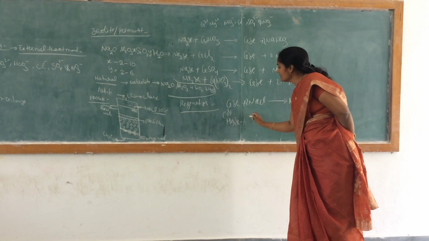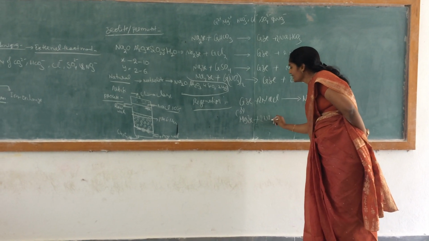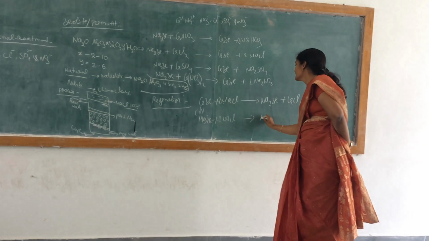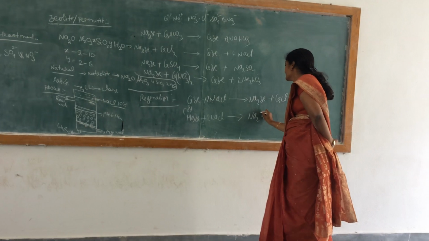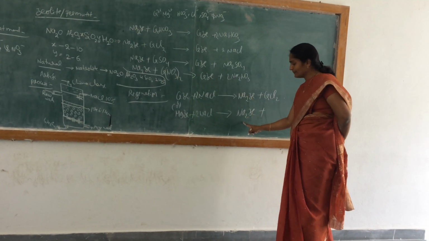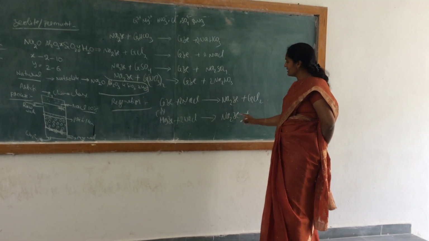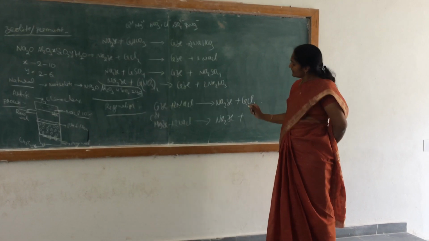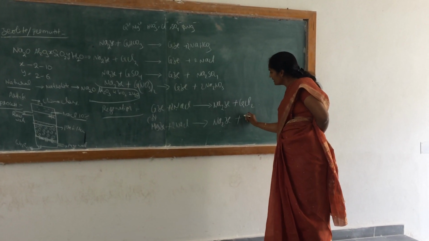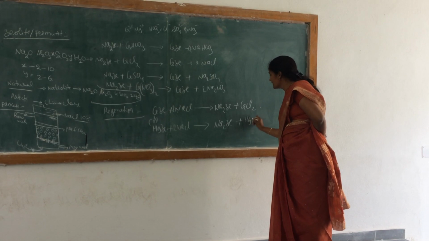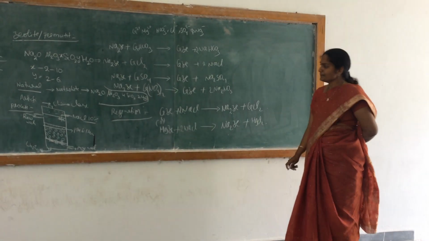Same like that for magnesium, 2 moles of sodium chloride are required to remove the magnesium, and the fresh sodium zeolite can be used again for the removal of hardness causing salts. That is the removal of magnesium chloride.